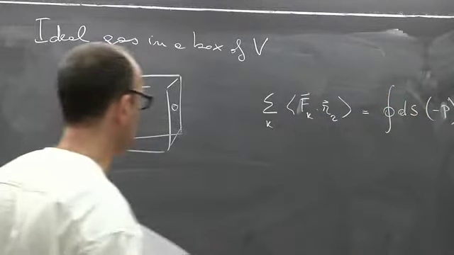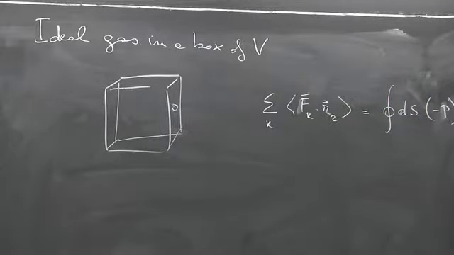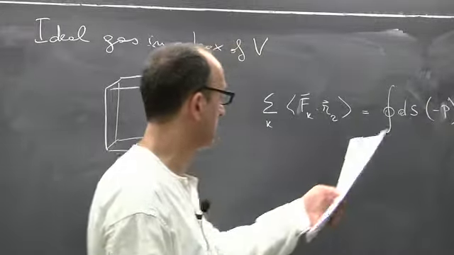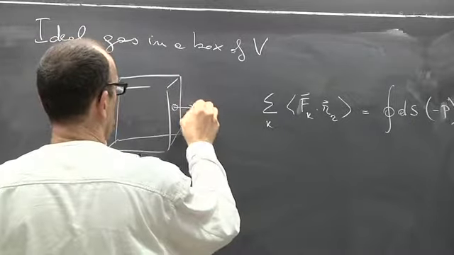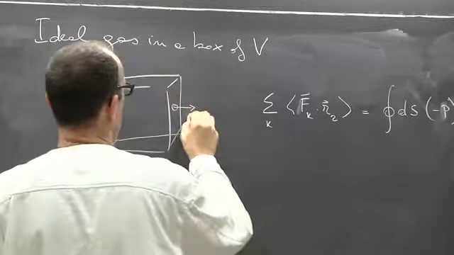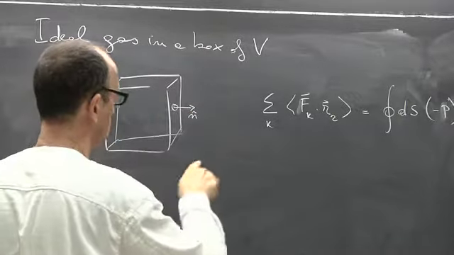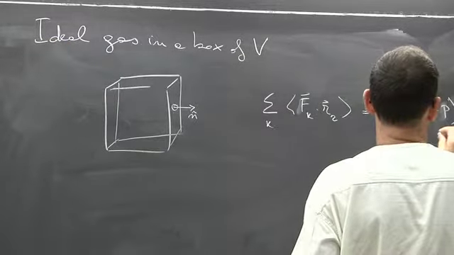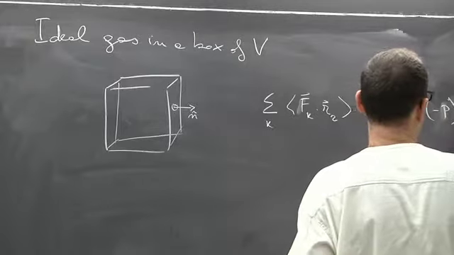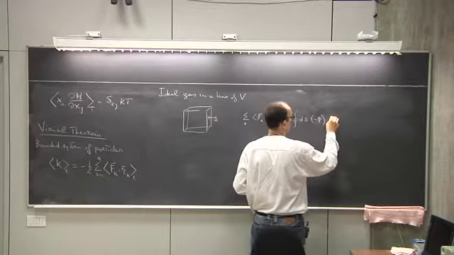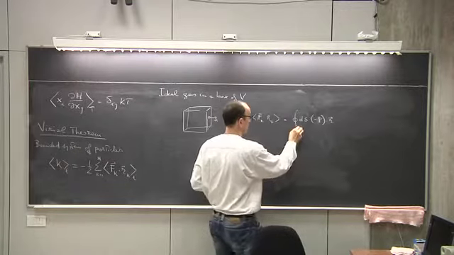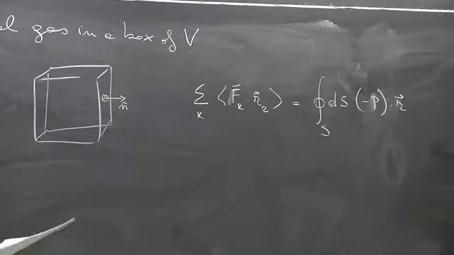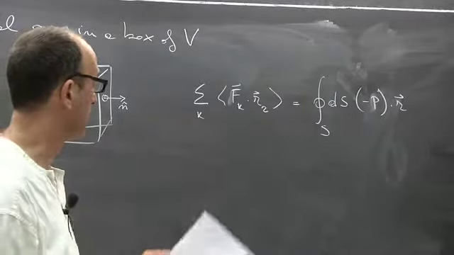The minus sign is because the normal to the surface, ds, goes outside, but the force goes inside. Then I multiply by ds times r and integrate over all the surface. So this is my expression for this term.